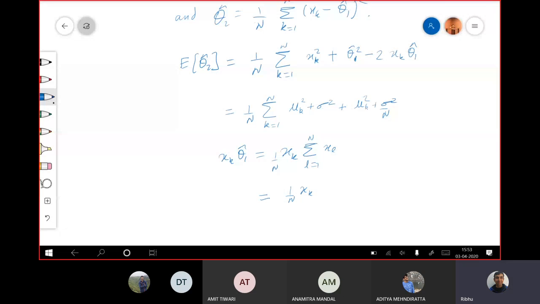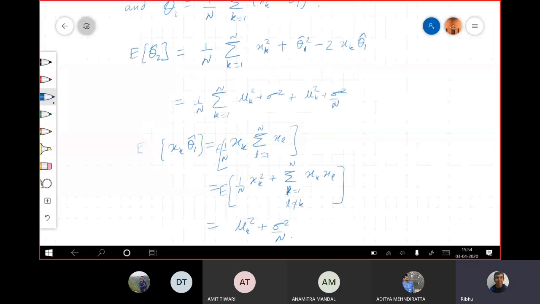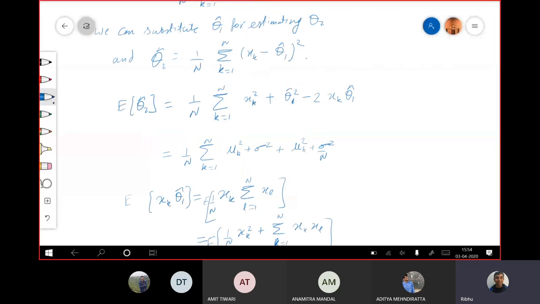So taking its expected value, we again get mu square plus sigma square by n. So substituting this over here we get mu square plus sigma square by n.